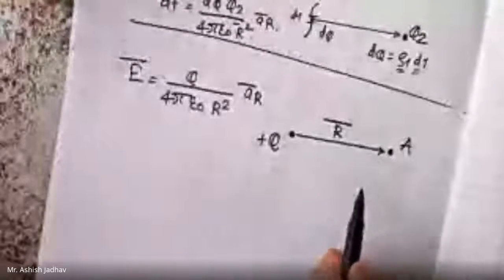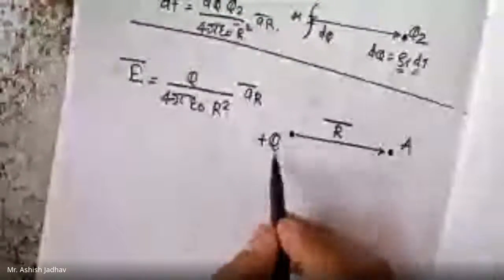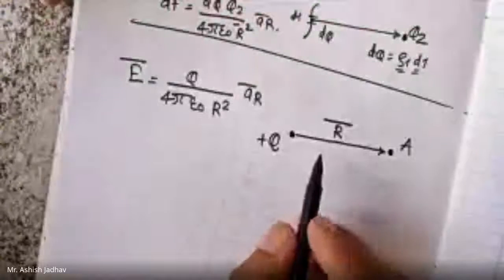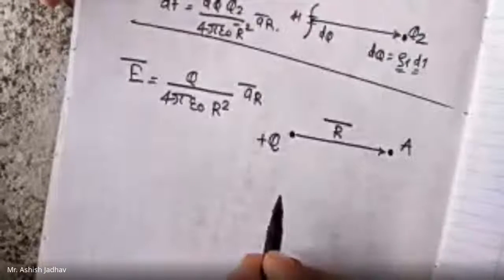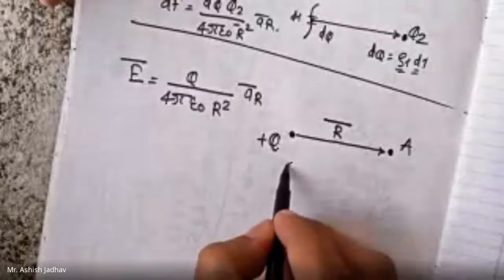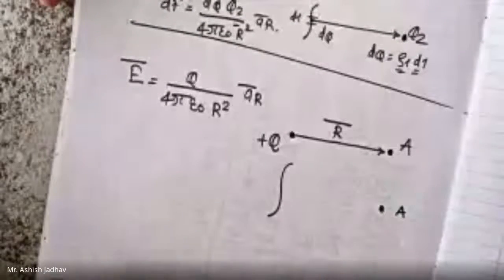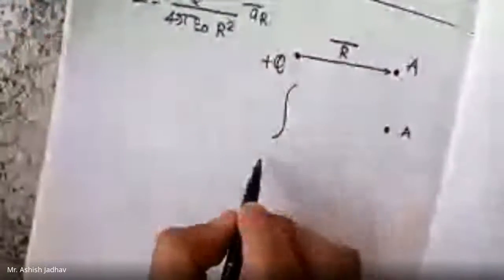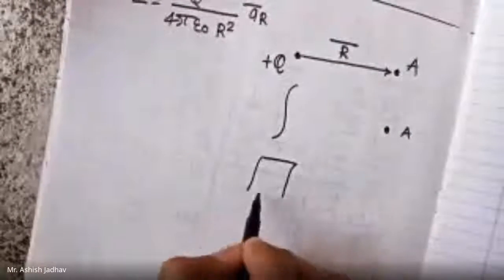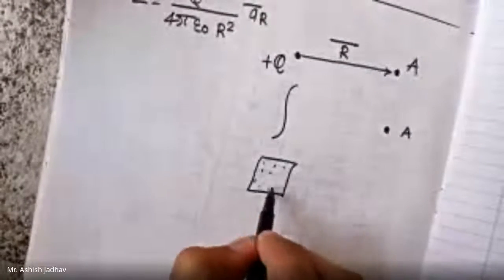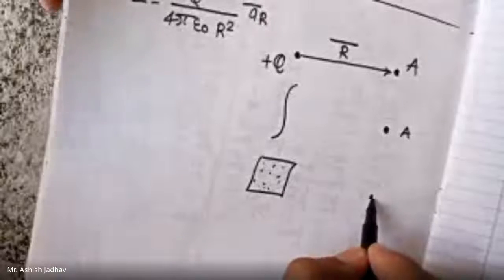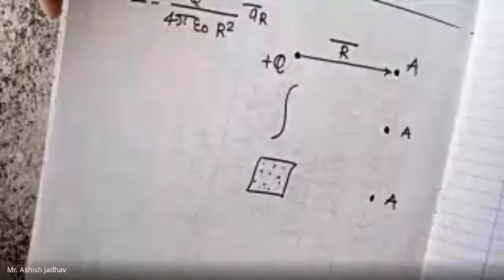So the difficulty arises when the point charge configuration is not there. If the charge configuration is a line charge, how can you find the electric field intensity at A? If the charge configuration is a surface charge, if charge is distributed on this, how can you find the electric field intensity at point A?